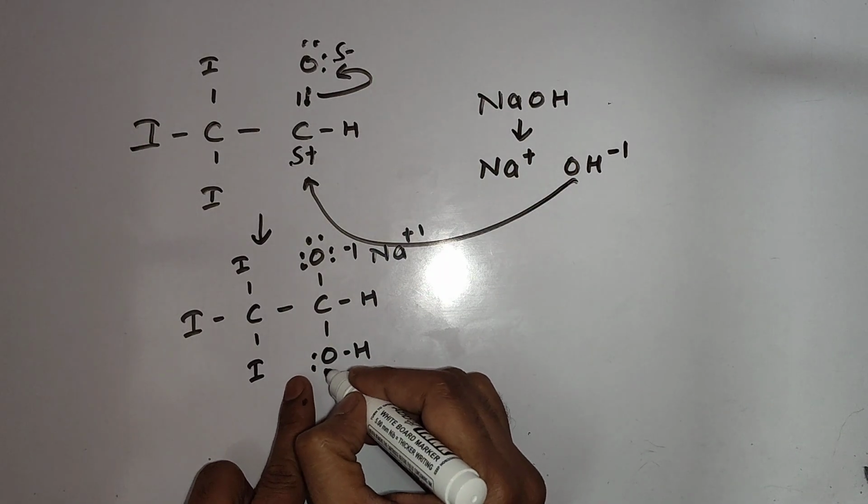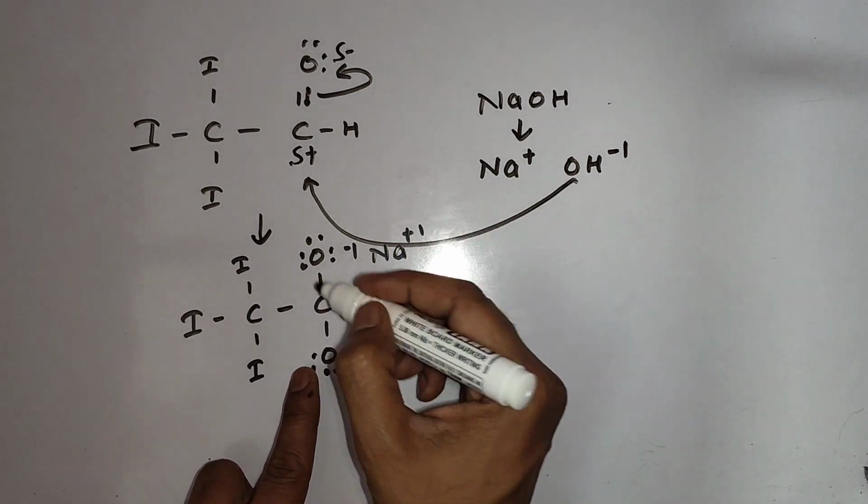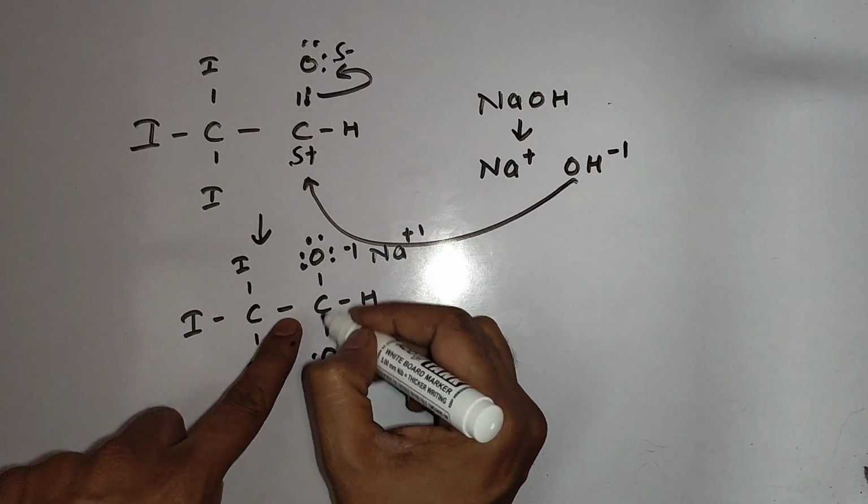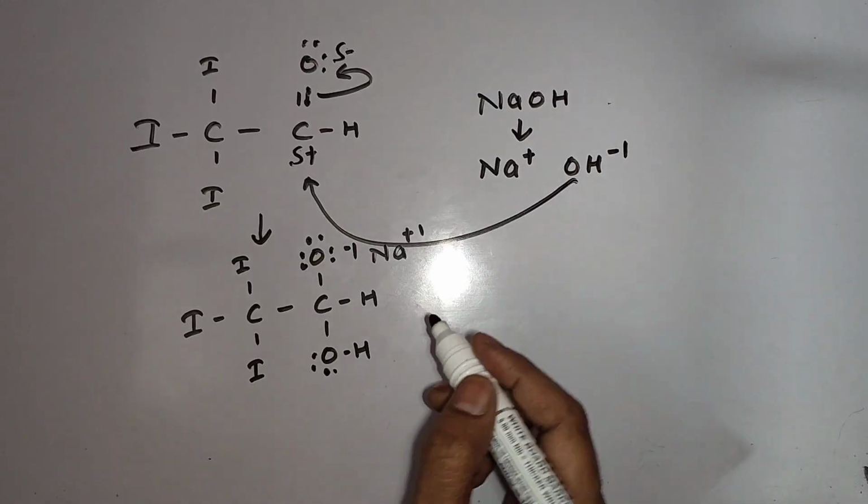Carbon with 2 oxygen atoms is an unstable condition, a crowding problem. Many a time I have told you, if a carbon contains 2 oxygen, it is a highly unstable condition.